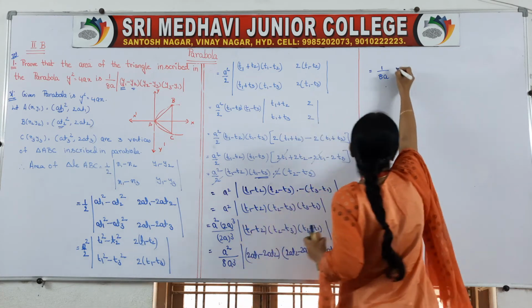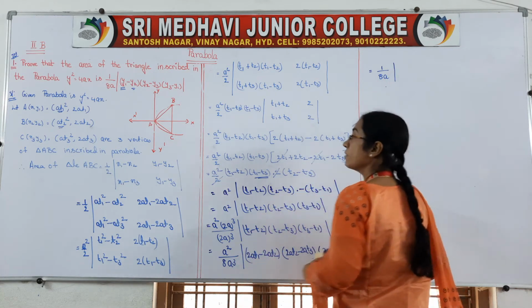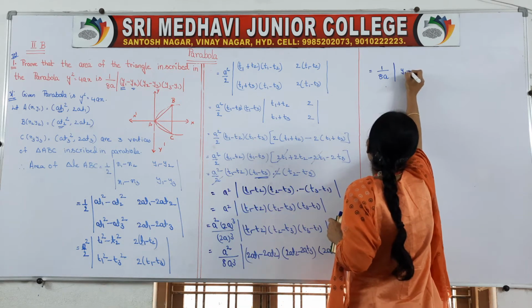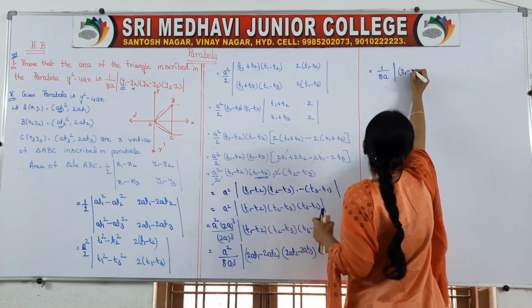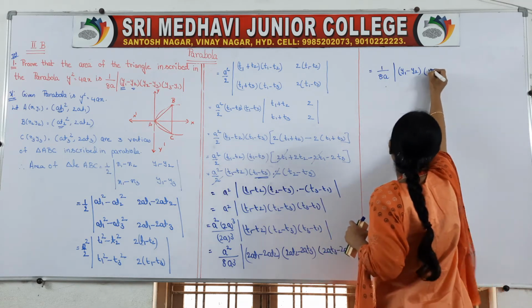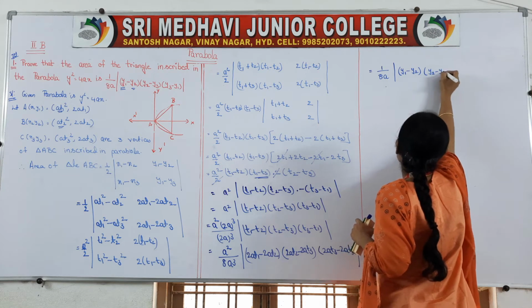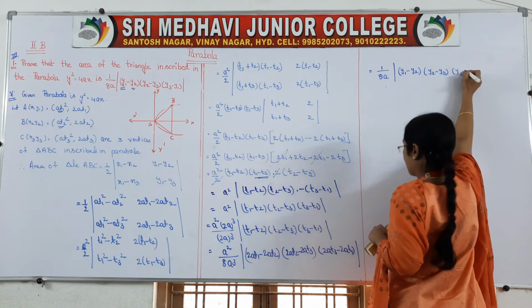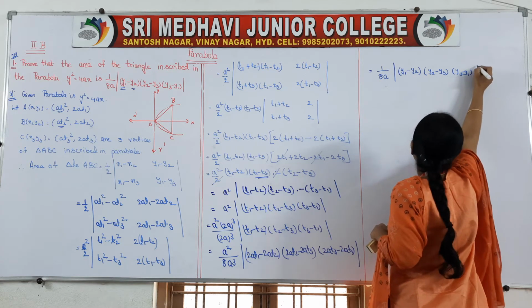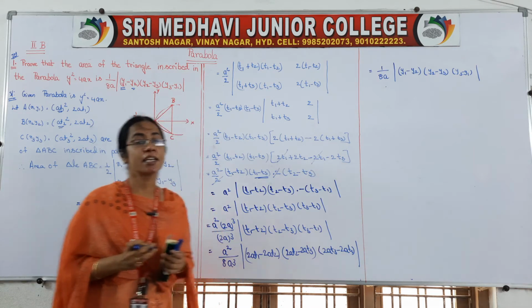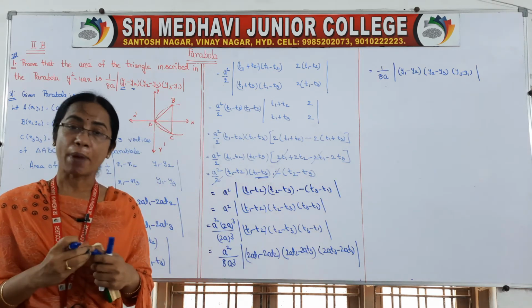Modulus of a t1, see, what is a t1? It is y1, so y1 minus y2, next y2 minus y3, next y3 minus y1. So this is the area of the triangle inscribed in the parabola.